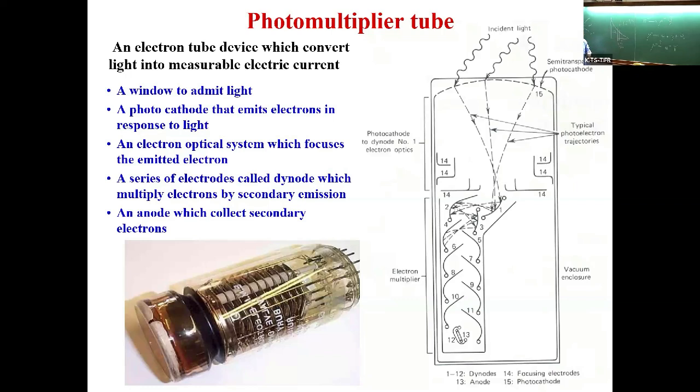Where the attenuation is more, lots of photons will be absorbed in the glass. Only a small fraction will be absorbed in the photocathode material and the remaining will pass through. So only that many photons are my signal; the remaining we do not see.